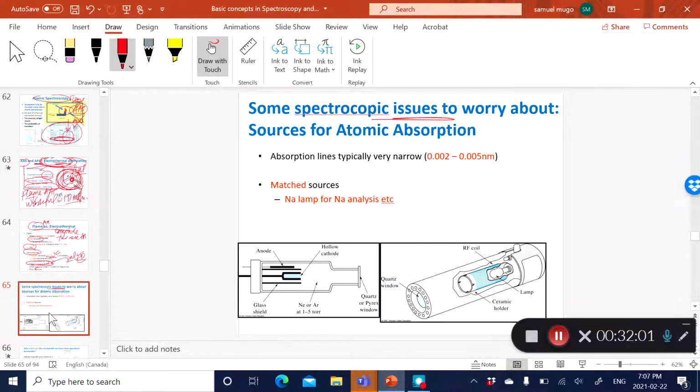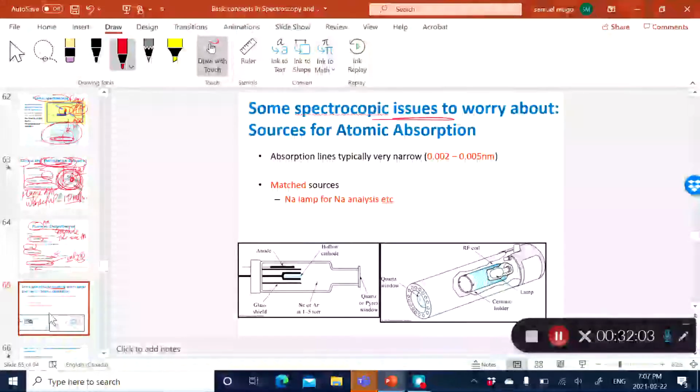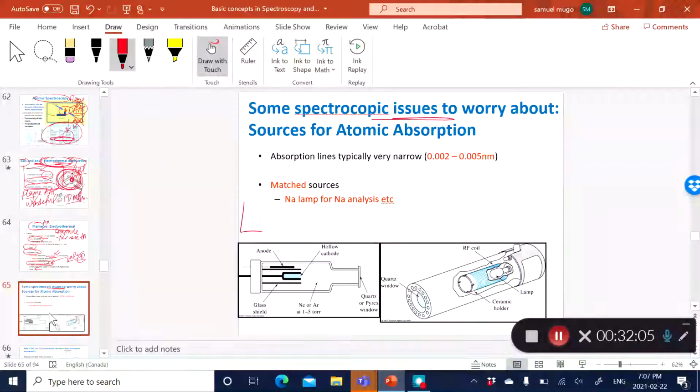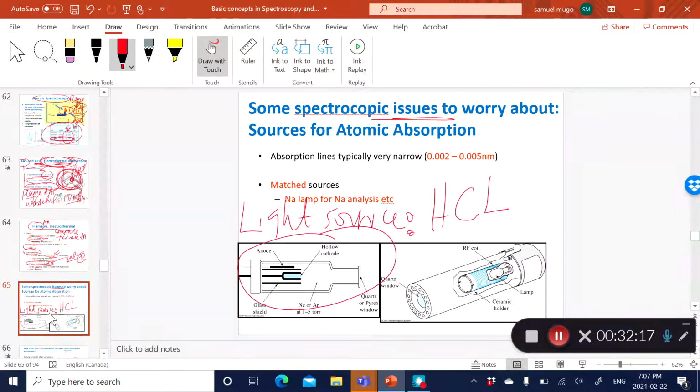Now, remember, the very first component that we've been talking a lot about is the light source. And as you well know, the typical light source that you use with atomic absorption spectroscopy is the hollow cathode lamp, which typically looks like that.